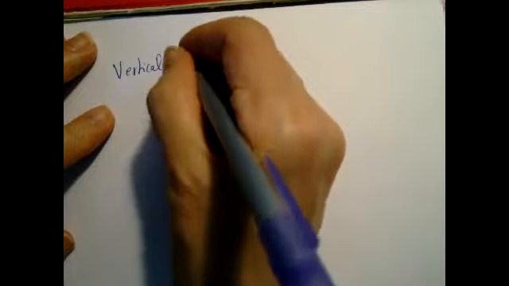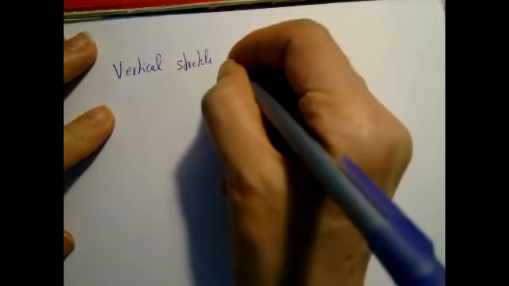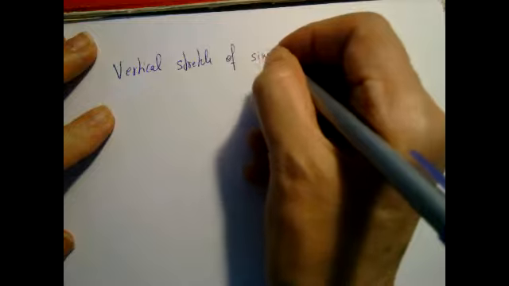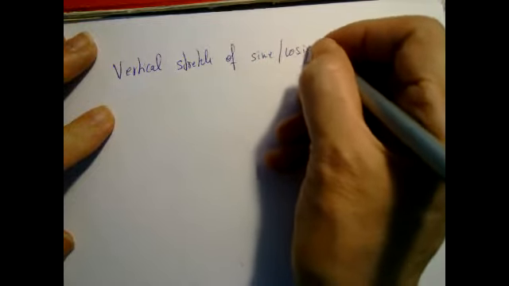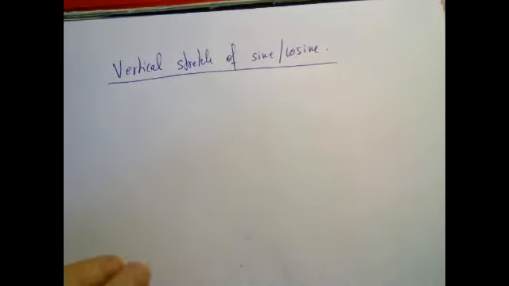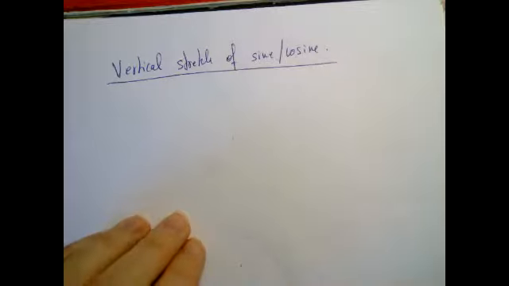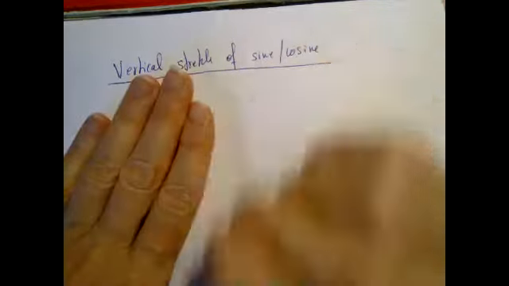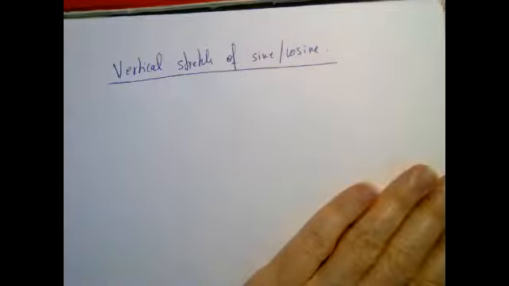So the first part is we're going to call it vertical stretch of the sine and cosine. Now we know the graph of sine and cosine that, as I said, you have to memorize it in a way, because it's very important. It comes up all the time, pure and simple.